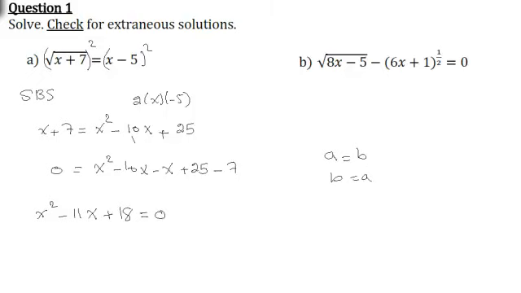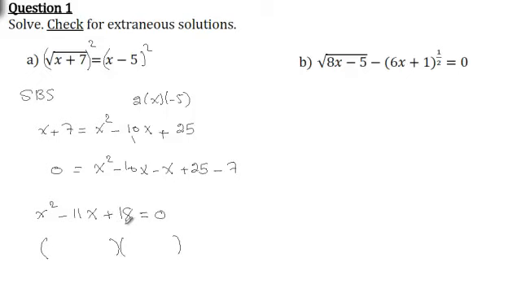Now we have to factorize. Factoring this quadratic function, we look to see if we can find two numbers whose product is 18 and whose sum is minus 11. So we can list the couples.